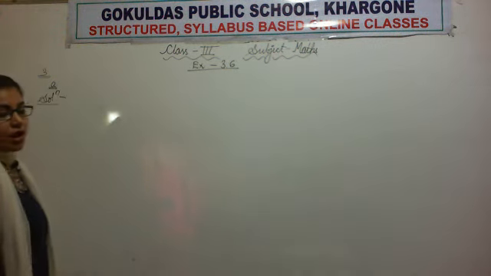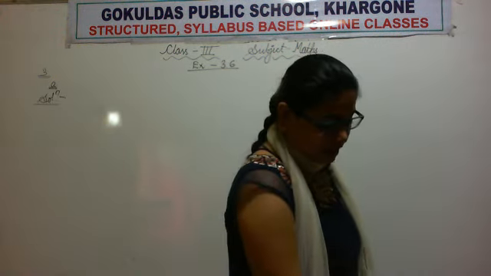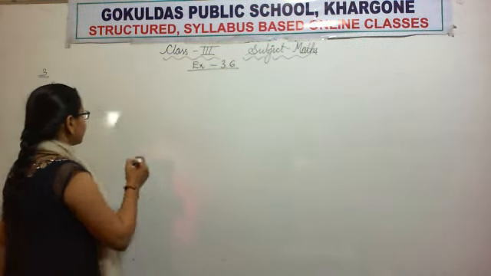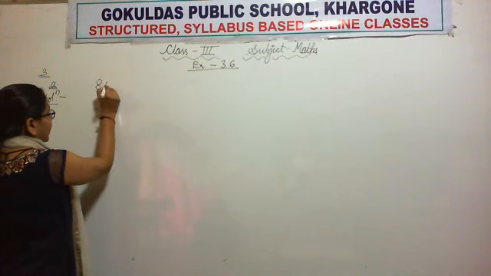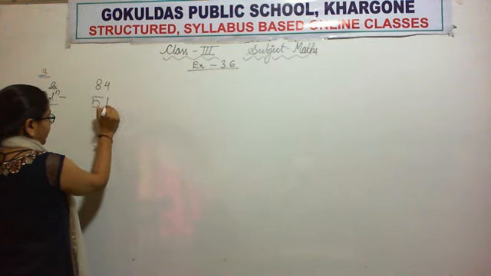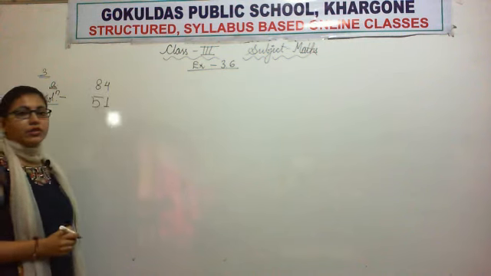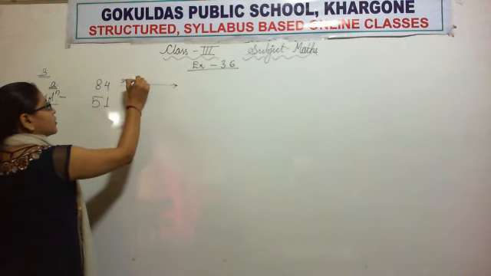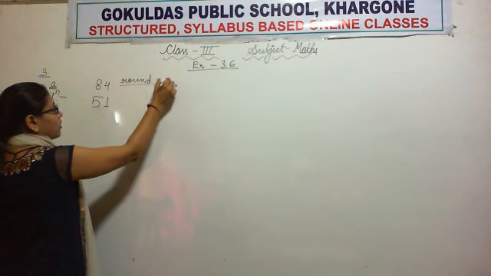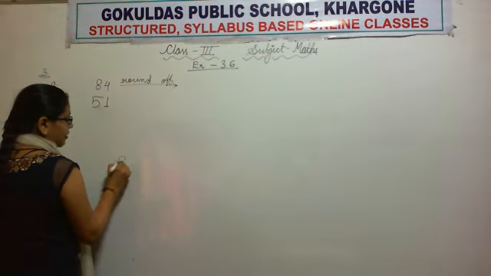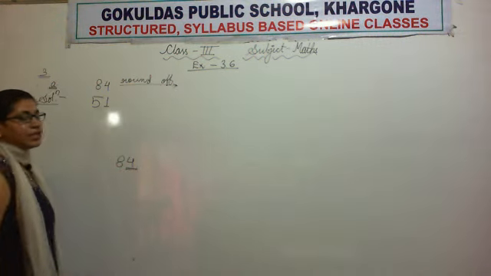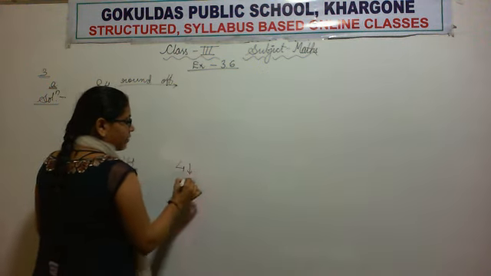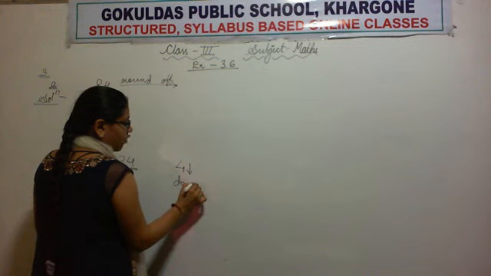First of all, we can see two numbers in the question, 84 and 51. Let us round off both the numbers first. So let's round off 84. See students, the number 84 has 4 at one's place. So whenever the digit 4 or lesser than 4 is there, we round down.